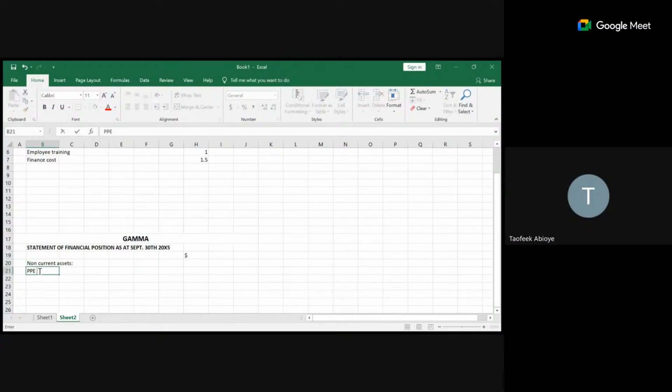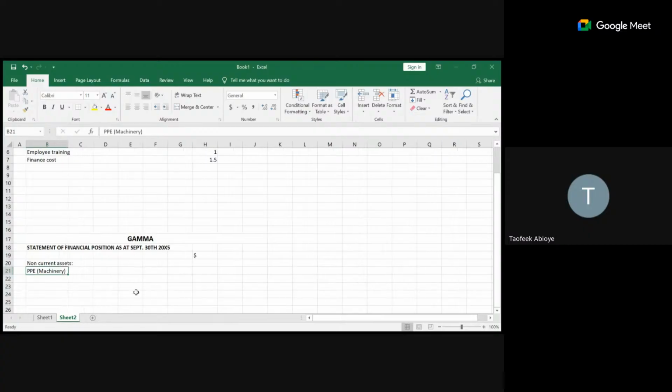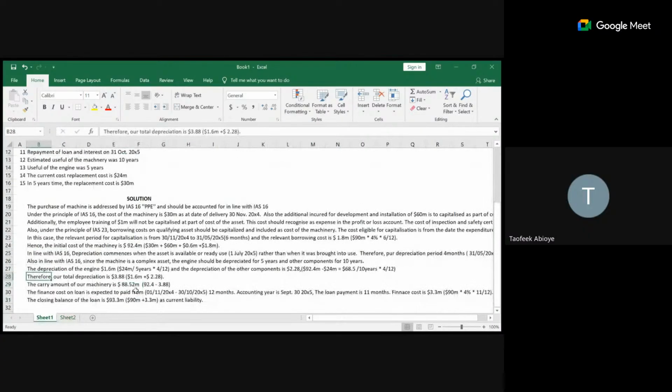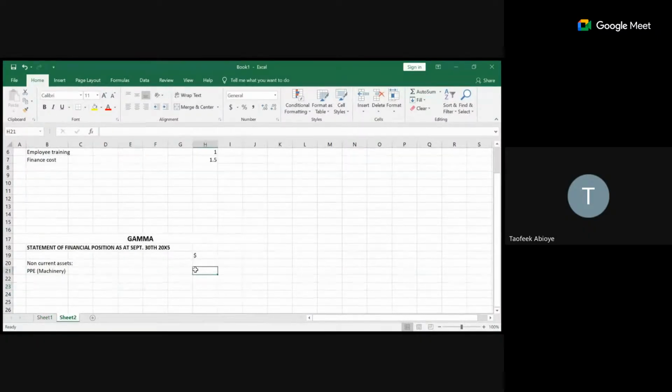You can put it in brackets, machinery. So all we need to do here is to show the carrying amount. We have calculated the carrying amount of the machinery. 88.52. Look at it. PPE, 88.52.